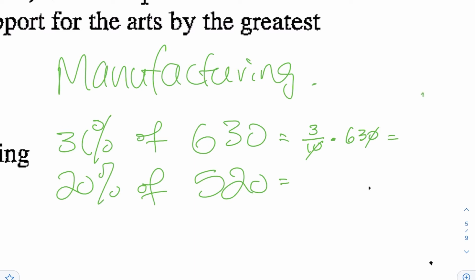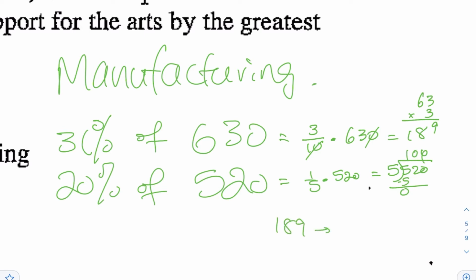And you have to do 63 times 3, which is about 189. And then for 20% of 520, that's 1/5 times 520. That's going to be 520 divided by 5. That will be 104. So it went from 189 to about 104, which is a decrease of 85 million.